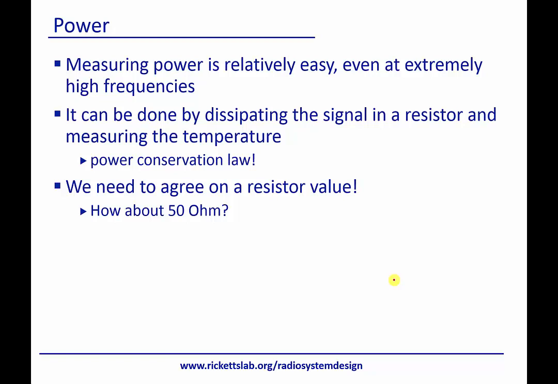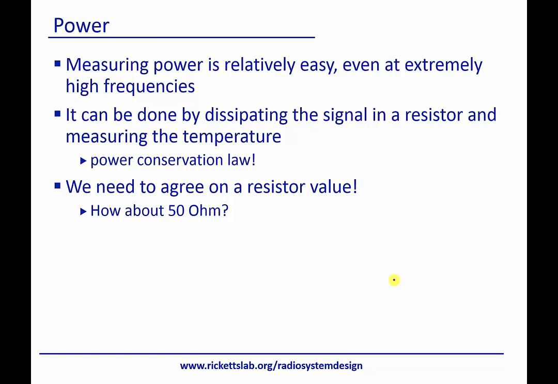We'll talk about that later. The reason I mention it now is, do we use 30? Do we use 70? It turns out 50 is a nice approximation between the best power and the best voltage. That's why we have settled on 50 ohms as a standard for transmission lines. Because it's a standard for transmission lines, it's also the standard for instrumentation, and therefore we measure power in terms of 50 ohms. So that's a little background on why 50 ohms.